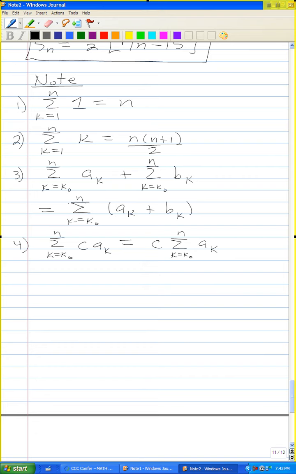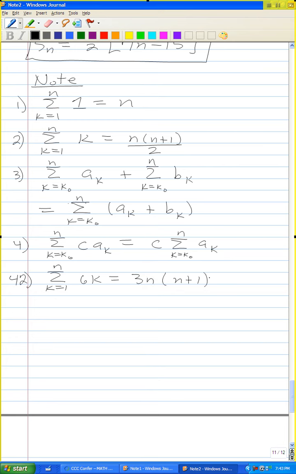Okay, so let's do problem number 42. Problem number 42 says the sum k equaling 1 to n of 6k equals 3n times n plus 1.